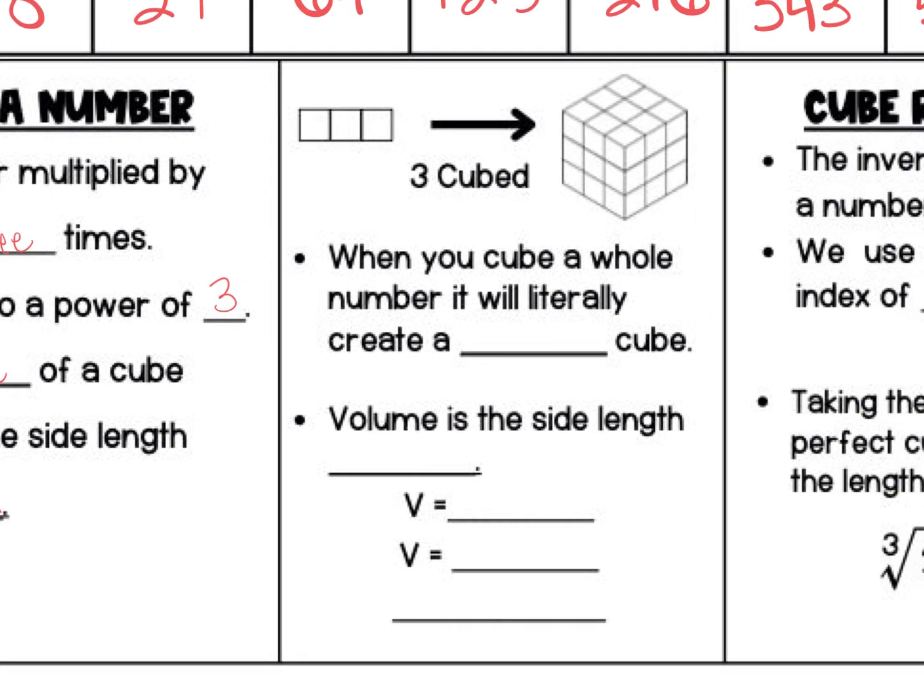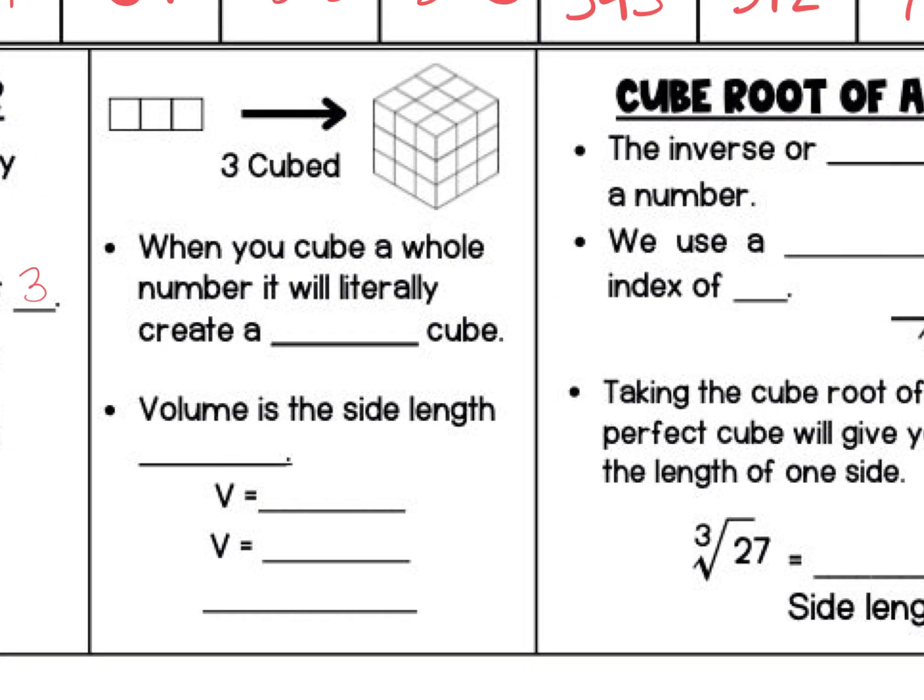Okay, so notice how I have the side length is 3. Notice how I have a 3 by 3 by 3 cube. And when you cube a whole number, it will literally create a perfect cube. That's what these are called, perfect cubes, meaning I can take the cube root of it and get a whole number back.